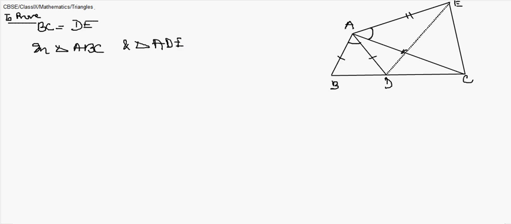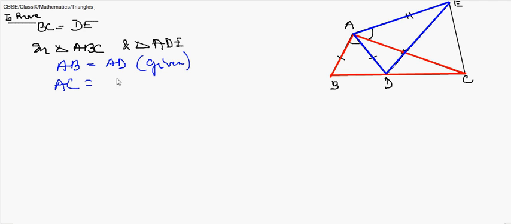I think it would be better if I highlight them. This is ABC, and this is ADE. Once we highlight these two triangles, it becomes easier for us. It is given AB is equal to AD. That's given to us. We have also been given AC equal to AE, that is also given to us.